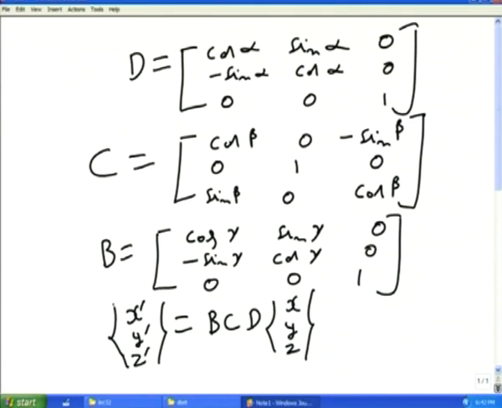Once we understand these things, for any particular body we can have three coordinates x, y, z of the origin, and we can also have alpha, beta, gamma. These are the angles. With this we can describe the body.